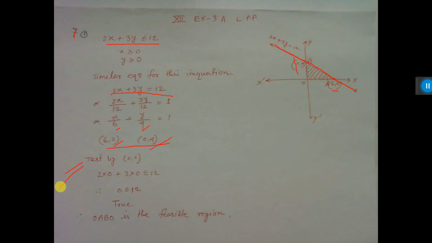Now the next part is the testing part. You take a point which is not on the solution line. So I am taking the point 0 comma 0 as the testing point, and in this inequation you put x equal to 0 and y equal to 0.